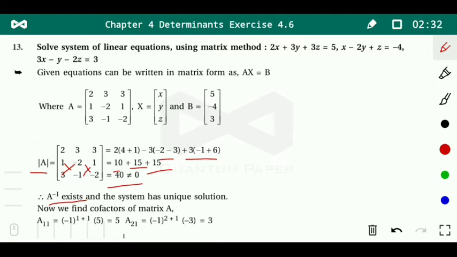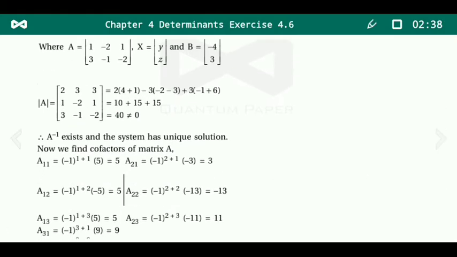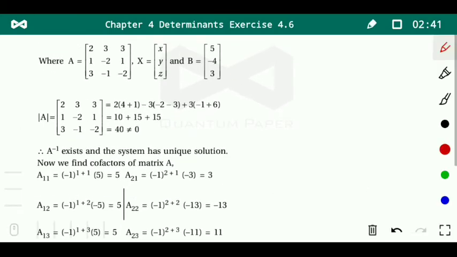Now we find cofactors of matrix A. First of all we have to find capital A11. So we have to remove first row and first column. So it gives 2 into minus 4 plus 1, that is 5, into minus 1 raised to 2 will be 1. So it will be 5. Capital A12 will be, we remove the first row and second column.